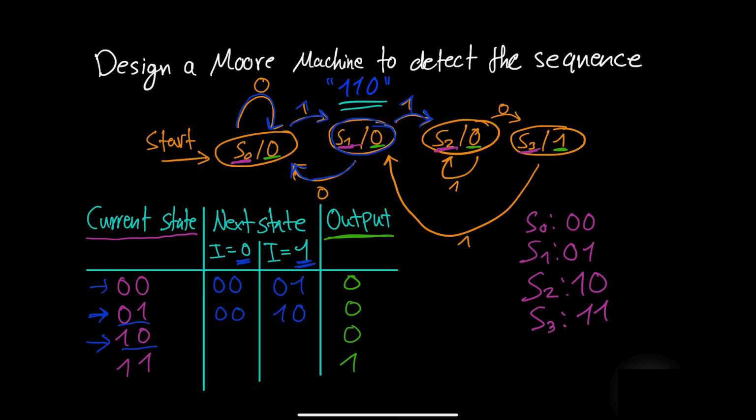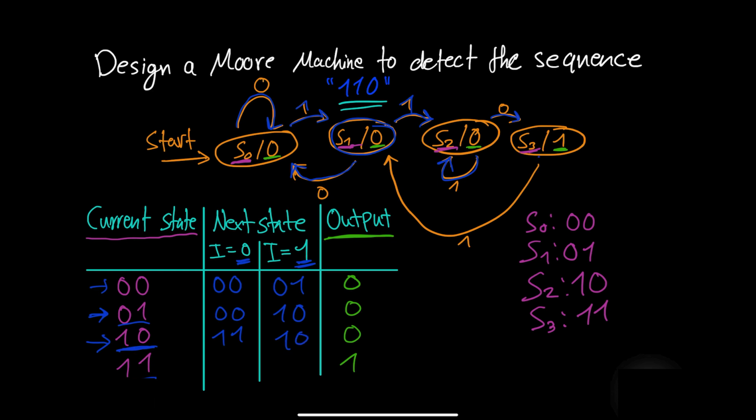Now we do the same for state 2. If we are at state 2 and we press a 0, we go to state 3, which is 1, 1. So here we will have 1, 1. And if we press a 1, we will stay in the current state. So we will stay in 1, 0.